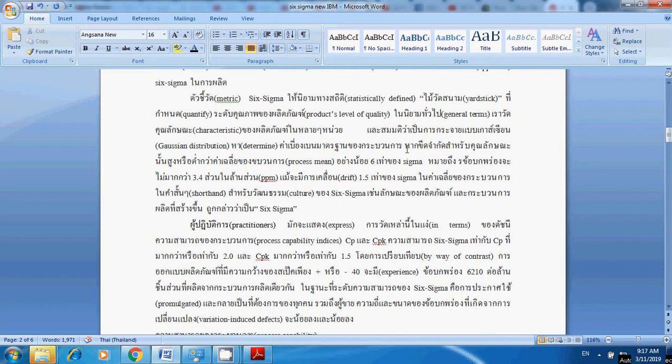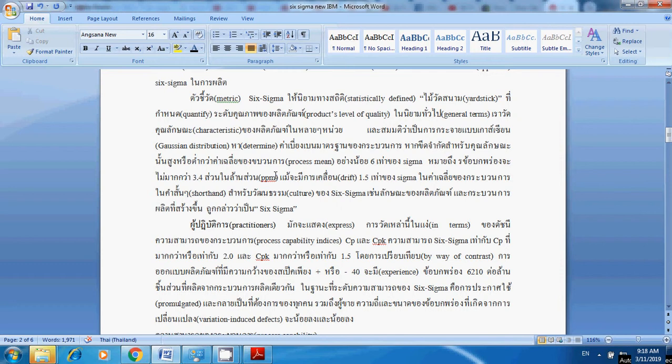If the specification limit for this characteristic is high or low compared to the process mean by about 6 sigma, the defects will not be more than 3.4 parts in 1 million parts. That's what we call parts per million, or ppm for short.